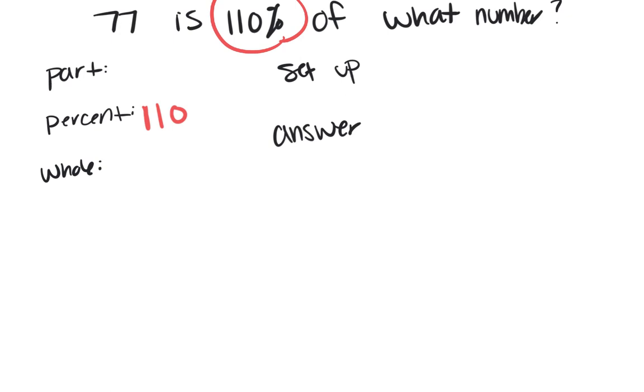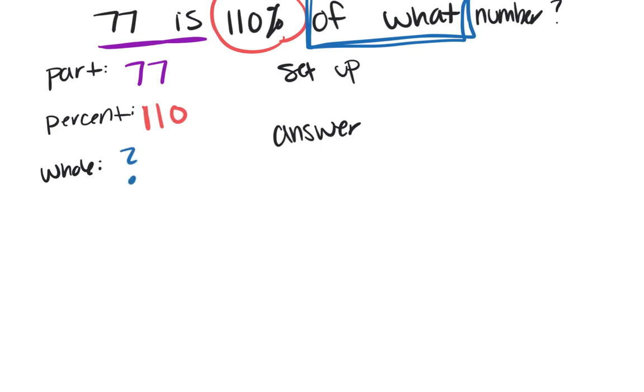Then what I'm left with is 77 is, and then it says of what? Is goes with the part. So that means that 77 is the part. And it means that we don't know what it's out of. And the thing I don't know, so I don't know the whole, that's where my question mark goes.